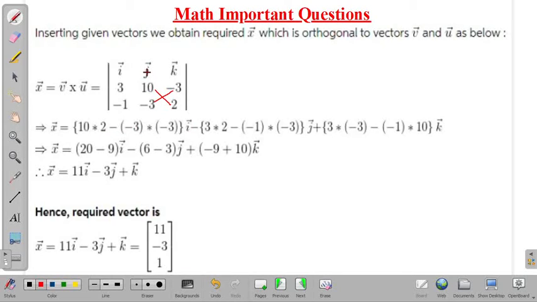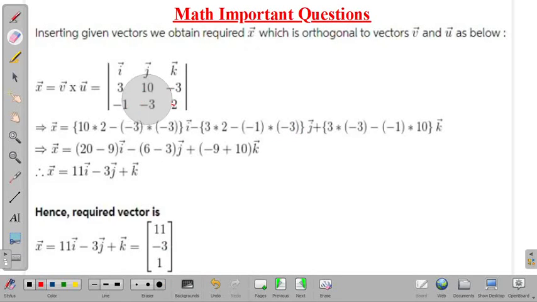Minus j cap. Here it is minus j cap, we have written here. Then for this one we need to multiply 3 into 2 and subtract the multiplication of these two numbers, that is 3 into 2 minus of minus 1 into minus 3.